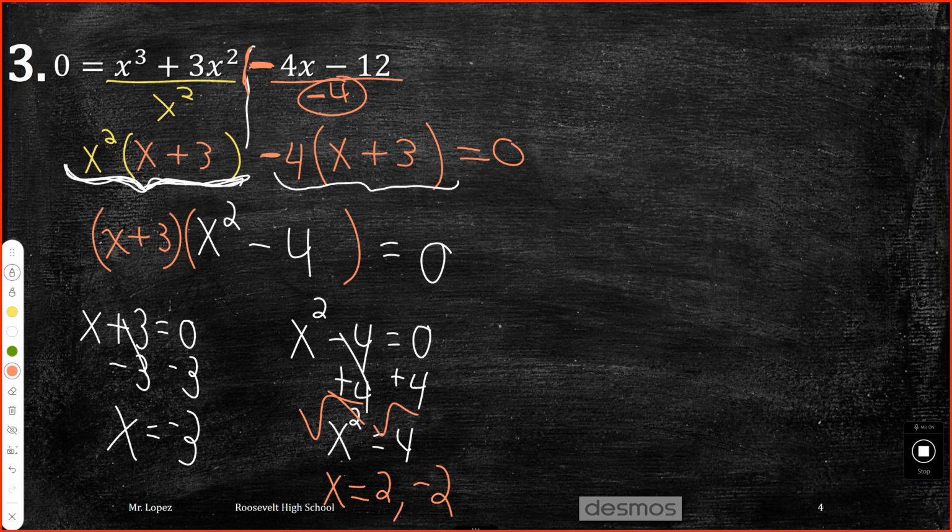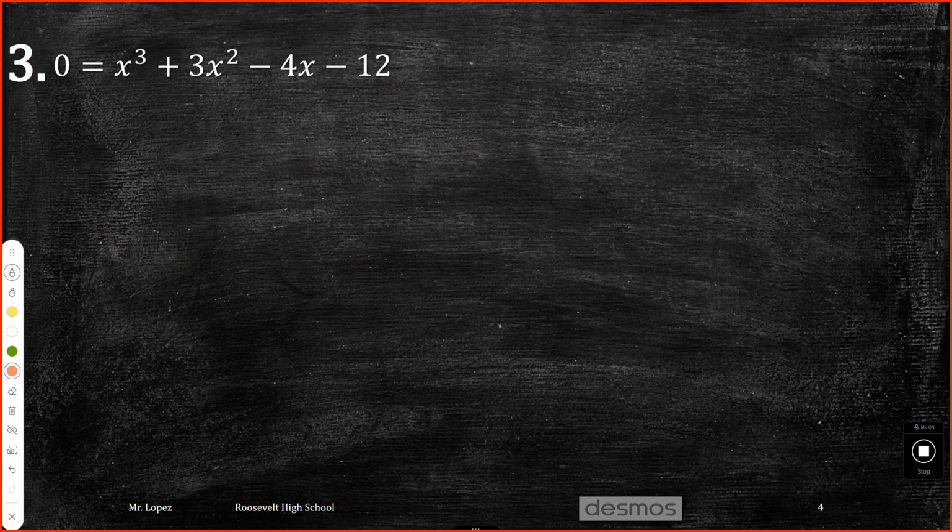Now, I'm going to do this again. I'm going to graph it. Remember the equation, the function. Are you guys with me? Remember the equation and the function here? And I'm going to graph it.